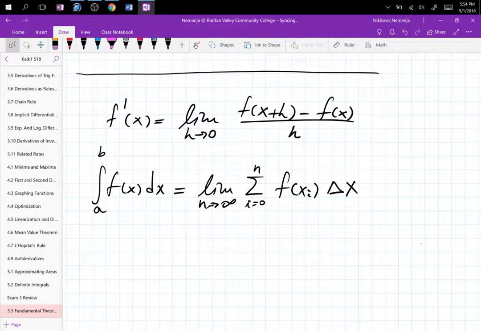Yes? The upper one has division and subtraction, and the bottom one has summation and multiplication. Perfect. Do you see that? You all heard it? The top one has the subtraction and division.